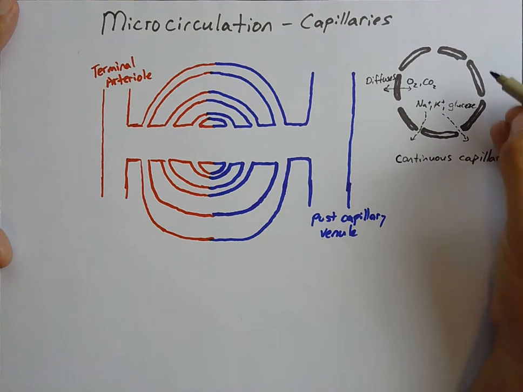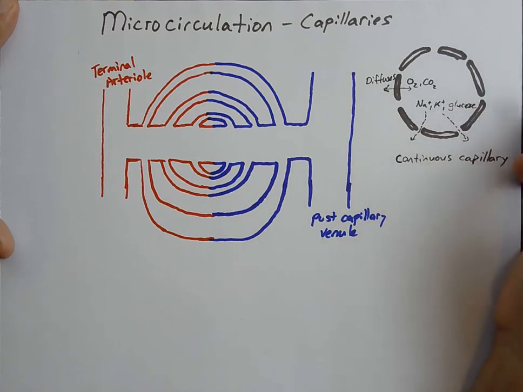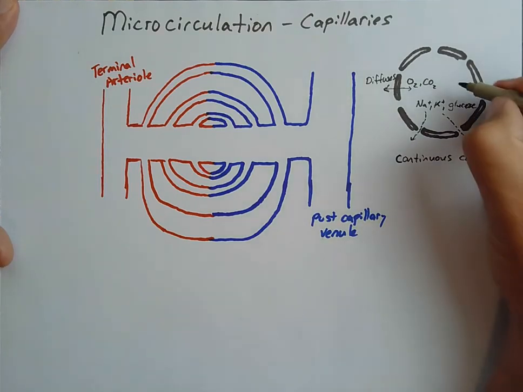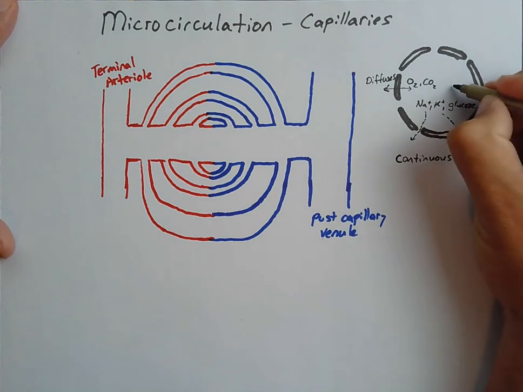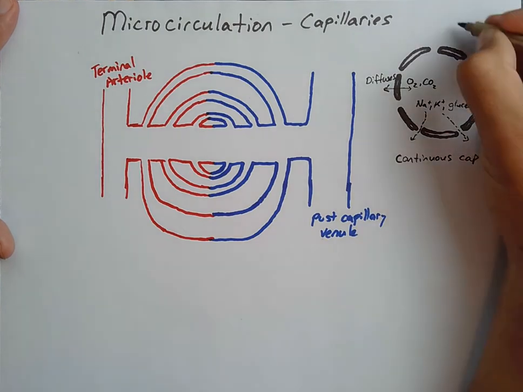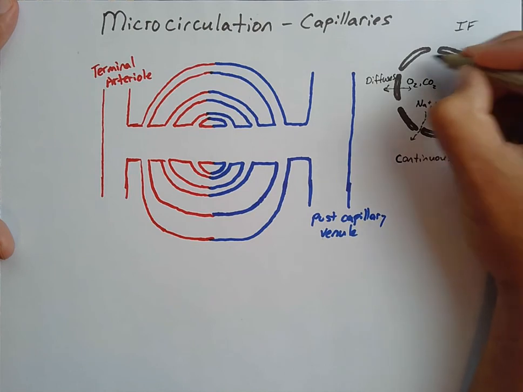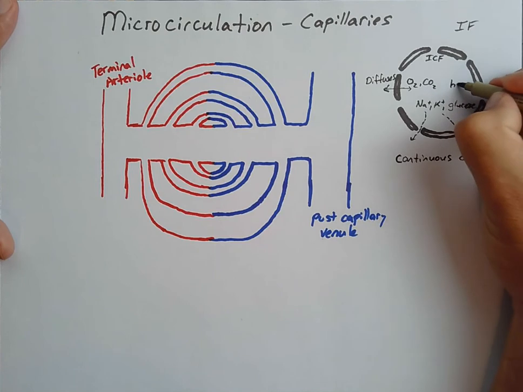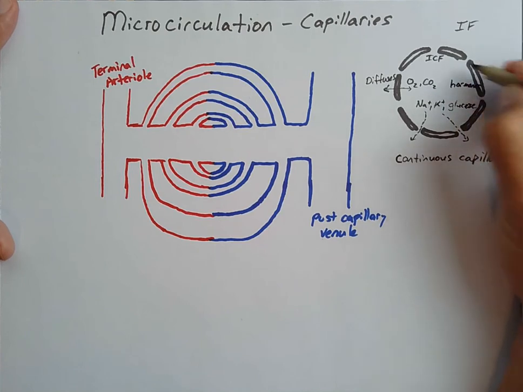What about other things in our blood, like proteins, like large exchangeable proteins, like hormones, insulin, that sort of stuff, right? If we have hormones, something that we need to get out to the interstitial fluid out here, because remember, this is interstitial fluid, and this in here is going to be ICF. If we need to get hormones out, well, those are going to have to go through some sort of cell-mediated process, like exocytosis and endocytosis.